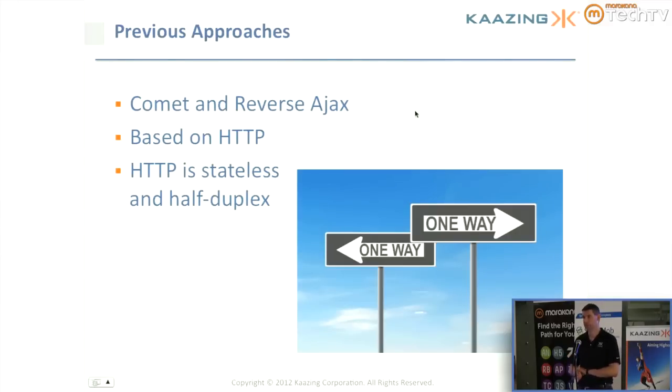The reason for that is that it was all based on HTTP. HTTP sits on top of TCP, and it basically trims it down to a half duplex connection. Half duplex meaning you can only speak in one direction at a time. Think of it like a walkie-talkie where I press a button, I hold open the channel, I speak, now I have to let it go and they can talk back to me.